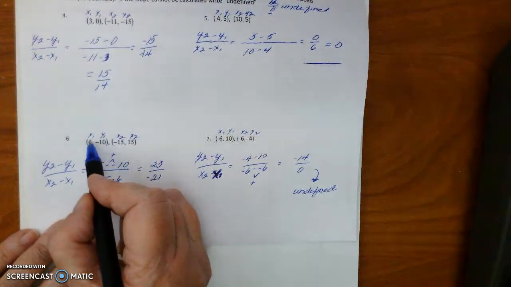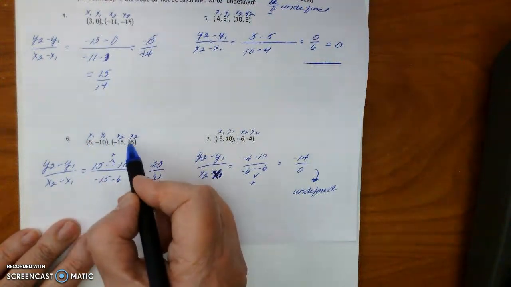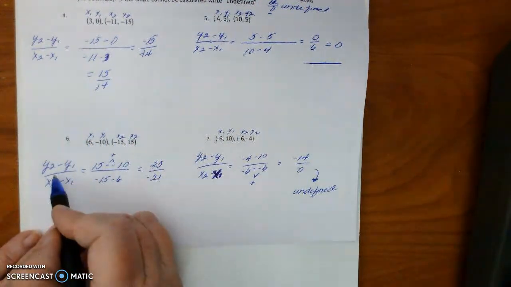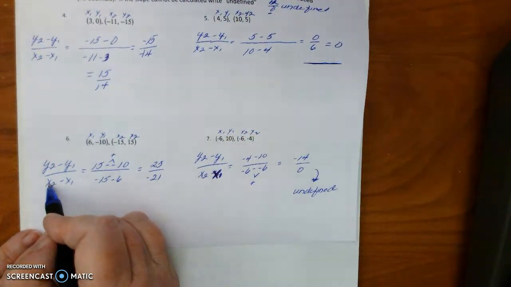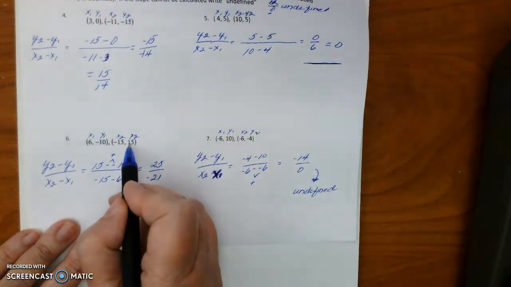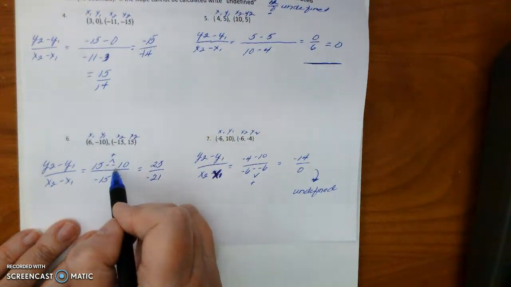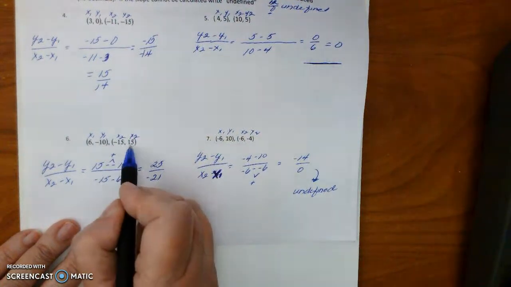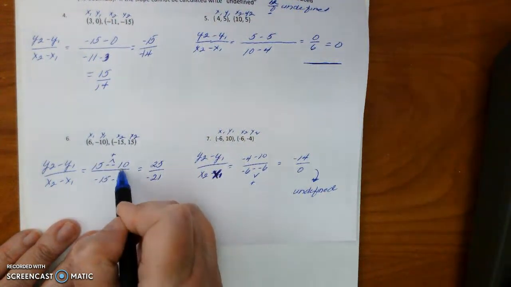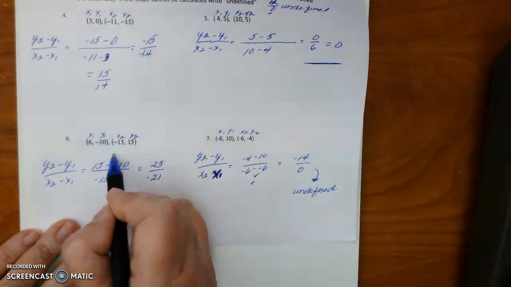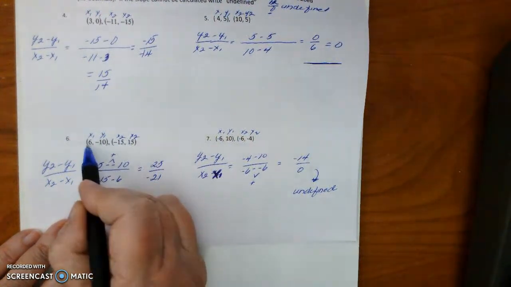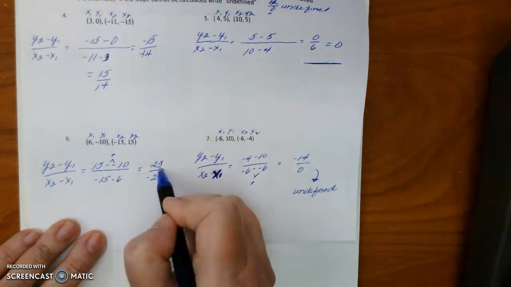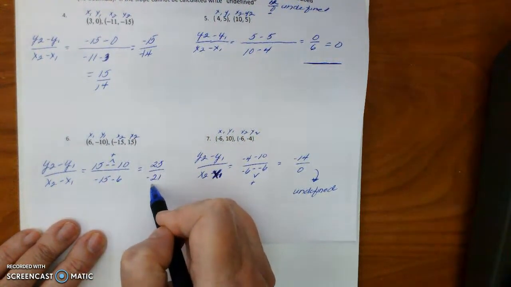We labeled x1, y1, x2, y2, and then we have the formula written. So we plug in 15 minus negative 10, which when you have two negatives gives you a positive. Then we have negative 15 minus 6. So this becomes 25 over negative 21.